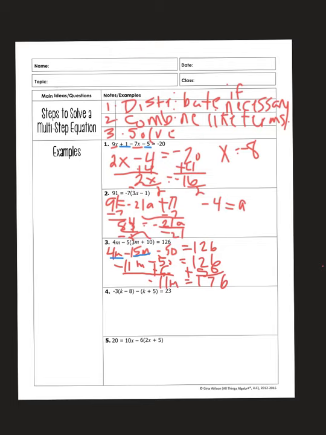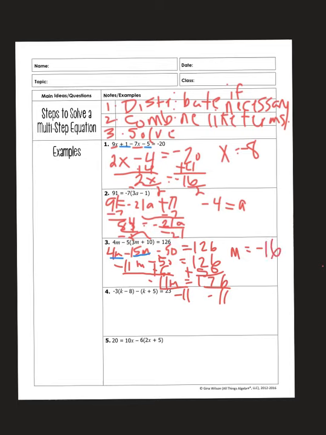And if we divide by negative 11 on both sides, then we get, let's see, 10 is 110, 11, 12, 13, 14, 15, 16. I'm going to have to use a calculator. 176 divided by 11 is 16. And since the 11 is negative, this is negative 16.